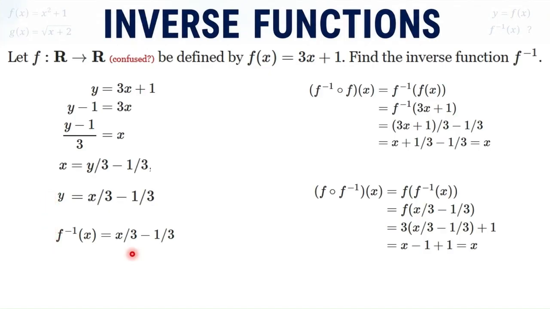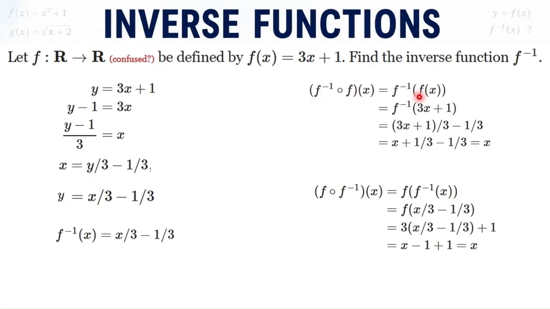Finding an inverse is only part of the solution. We should always verify our answer. To do this, substitute the inverse function into the original function. If this result simplifies to x, then the first composition is correct.